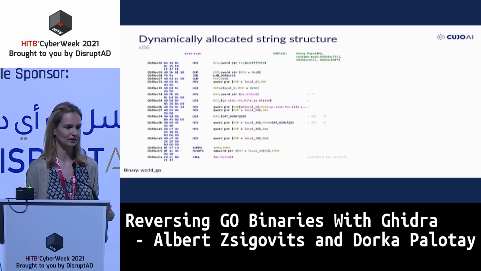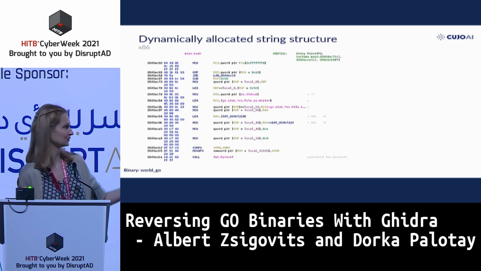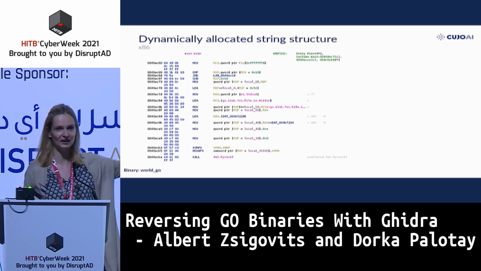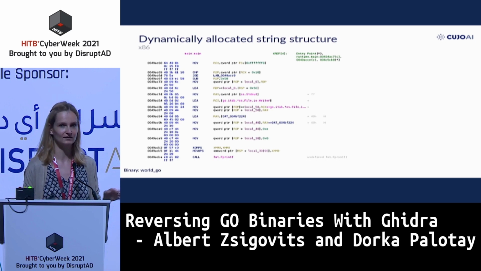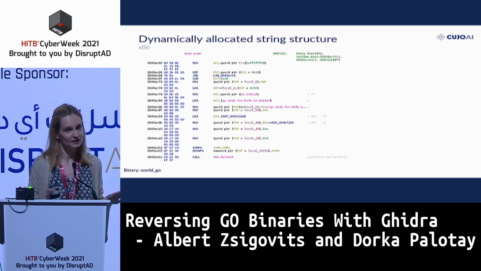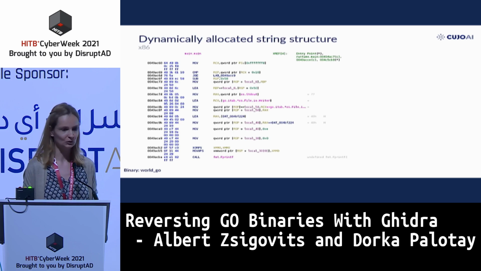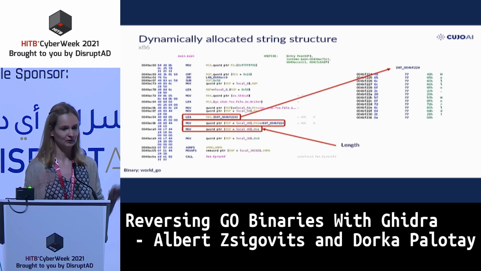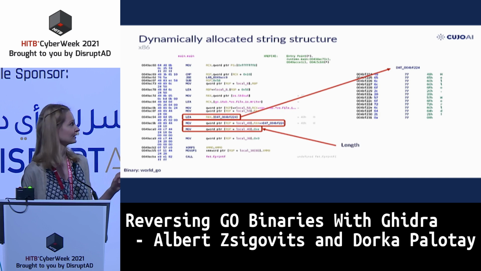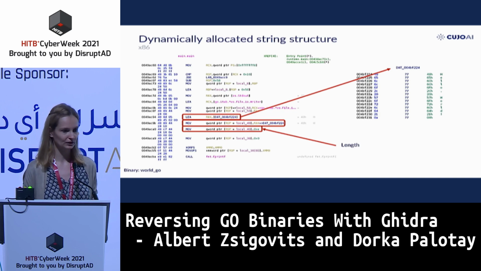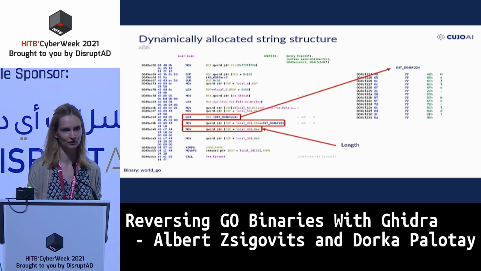But for Go, it's a much bigger function. You don't even see hello world, and probably, I'm not sure if you see it, but there is an H which can help. But in general, it's a much bigger mess. It's not that easy to read. But when you take a closer look, you will find an address which is moved to a register, and if you follow that, you will see that there is hello world.